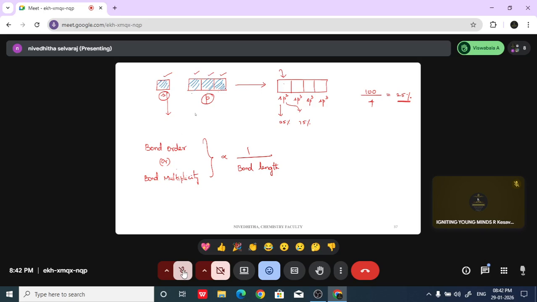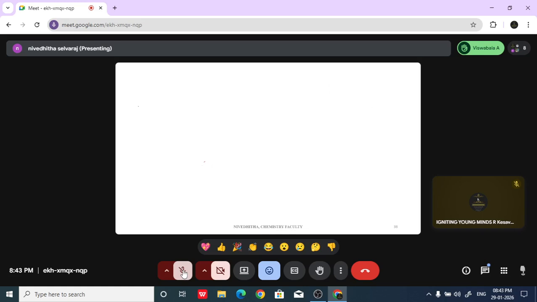Now I'll give you a structure and I want you to tell me the hybridization of each carbon. Here, this is my carbon, and this carbon has one double bond.